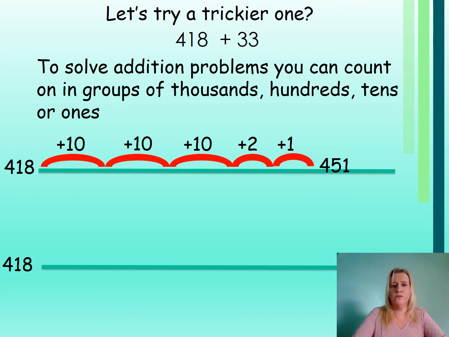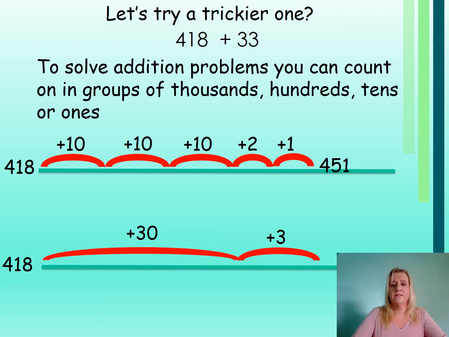Another way to work this out is to count in different amounts. 418 add on 30 would get me to 448, and another 3 would get me to 451. Which one is the most efficient? Can you think why?